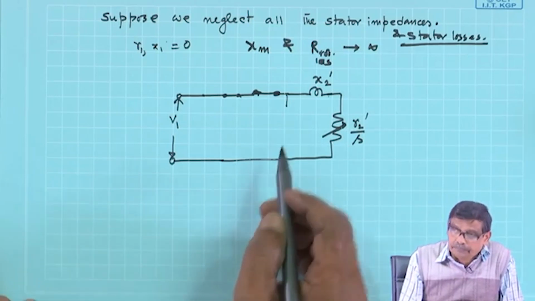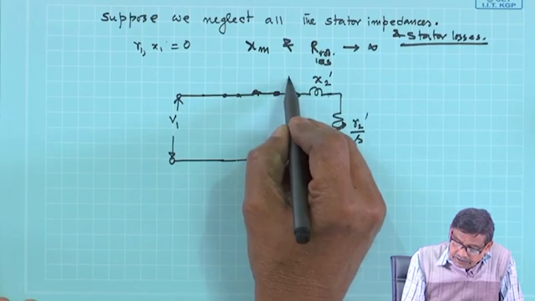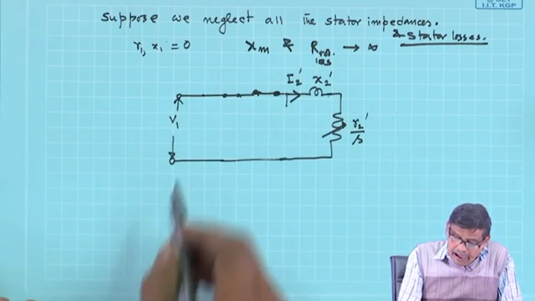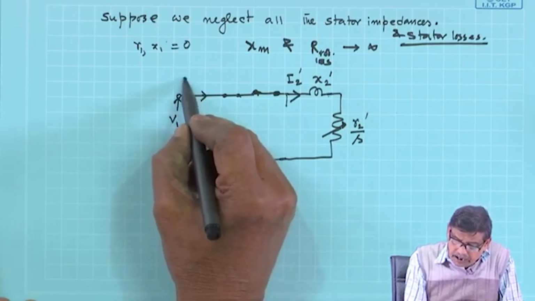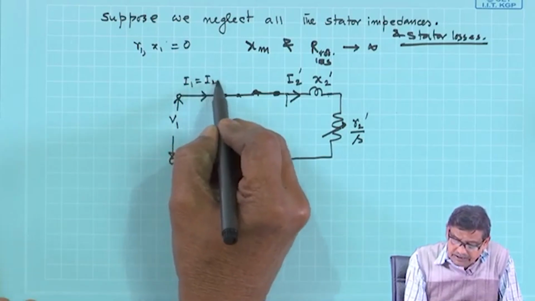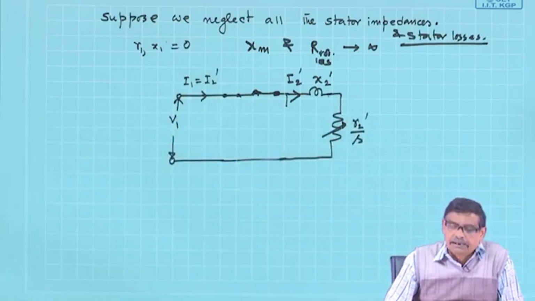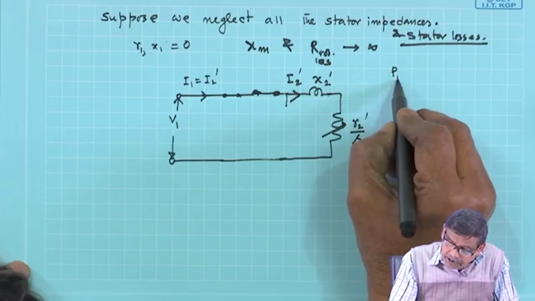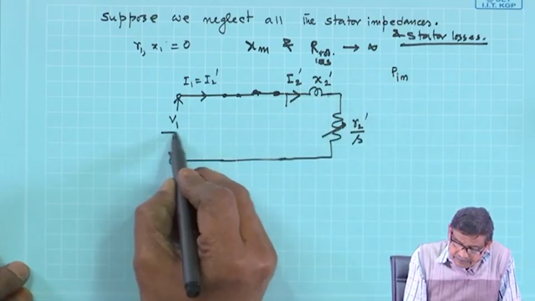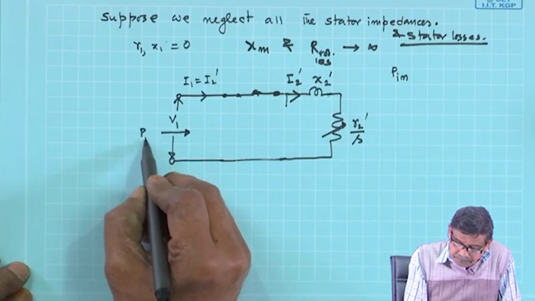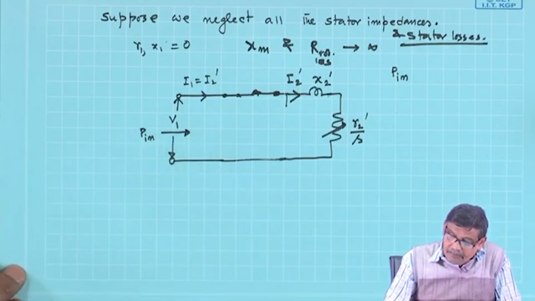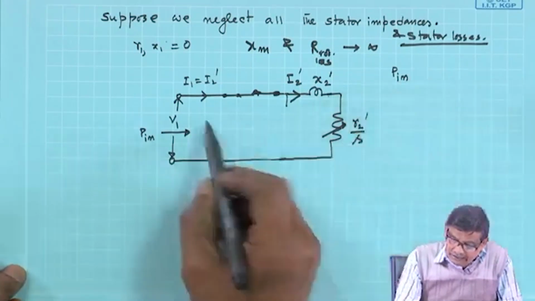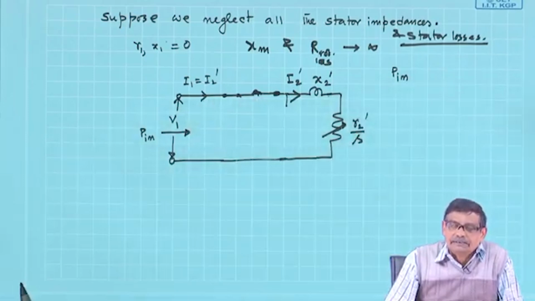Suppose this current is I2 dashed, and this will be equal to I1, that is I1 is equal to I2 dashed in this approximate case. Now, what is the input power? P input is here, and after this P input there are no losses on the stator.